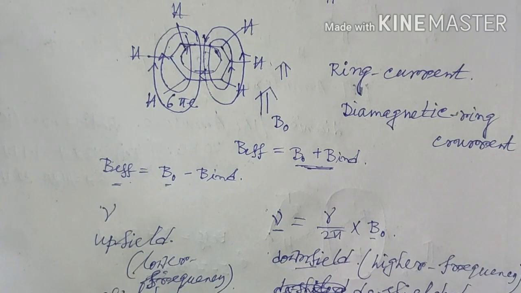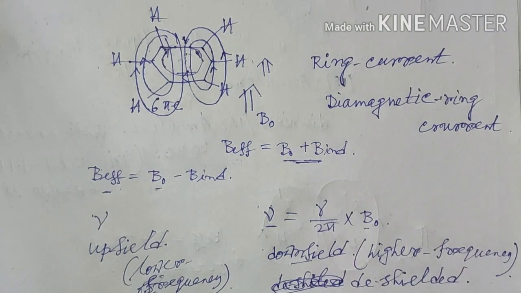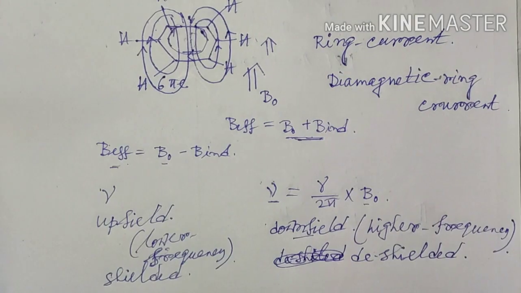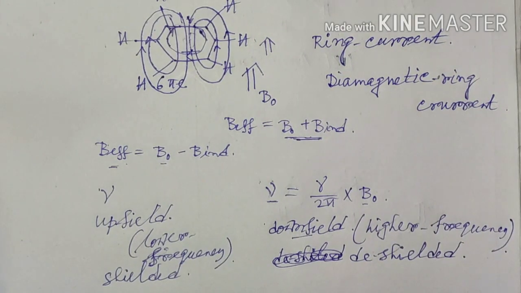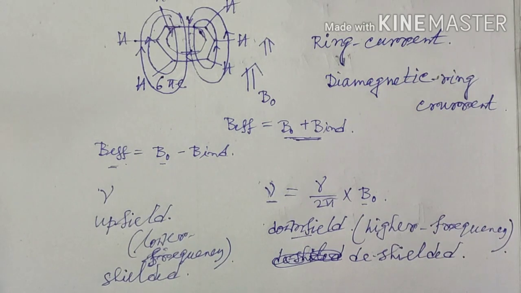Is it okay? That means we have to keep a few points in mind. First of all, you have to see whether the given compound is aromatic or anti-aromatic. If aromatic, then the outer protons of the ring will feel the greater magnetic field and they will be downfield, that is deshielded, and resonate at higher frequency, and the inside protons will be shielded and they will resonate at lower frequency, that is upfield.